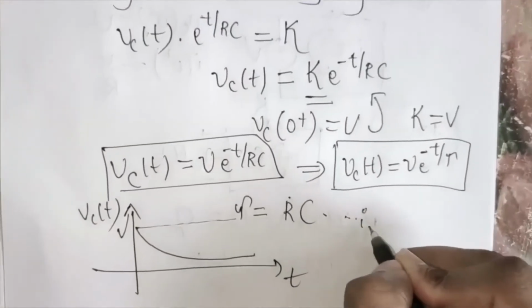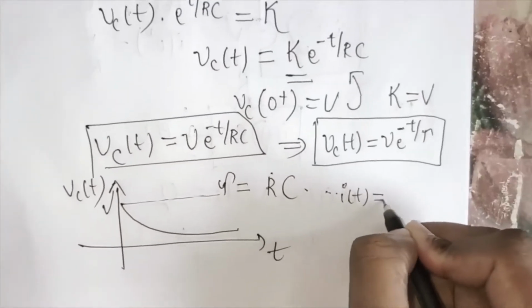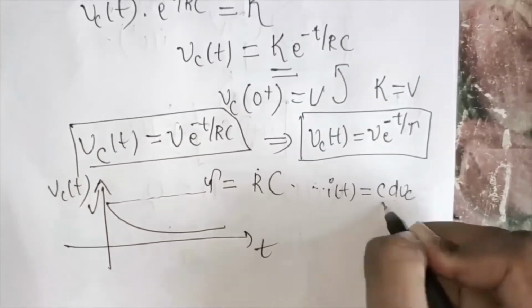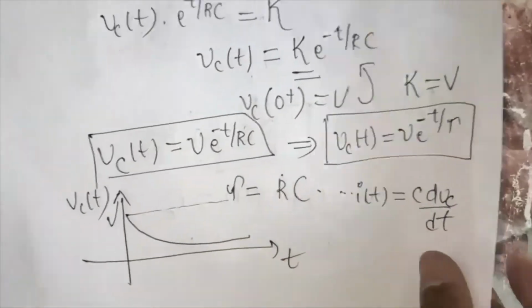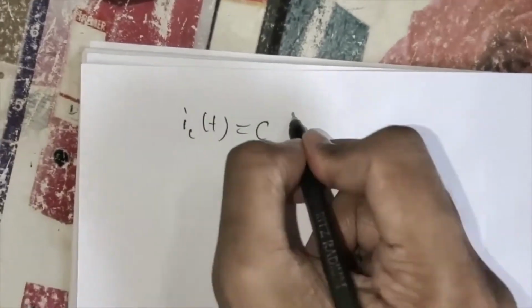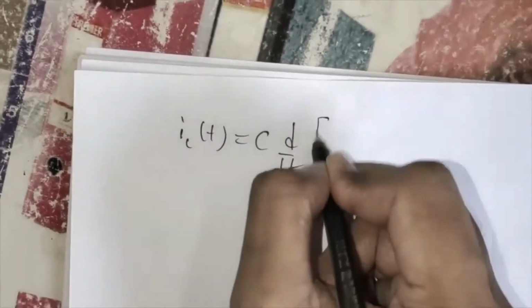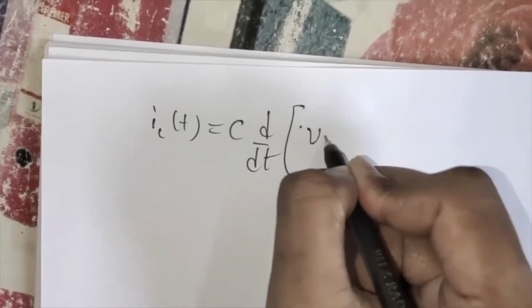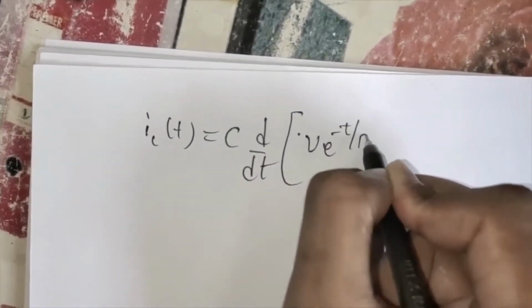We know that I of t is nothing but C into dV by dt. Therefore I of t is equal to C into dV by dt. Instead of Vc, we have V into e power minus t by RC.